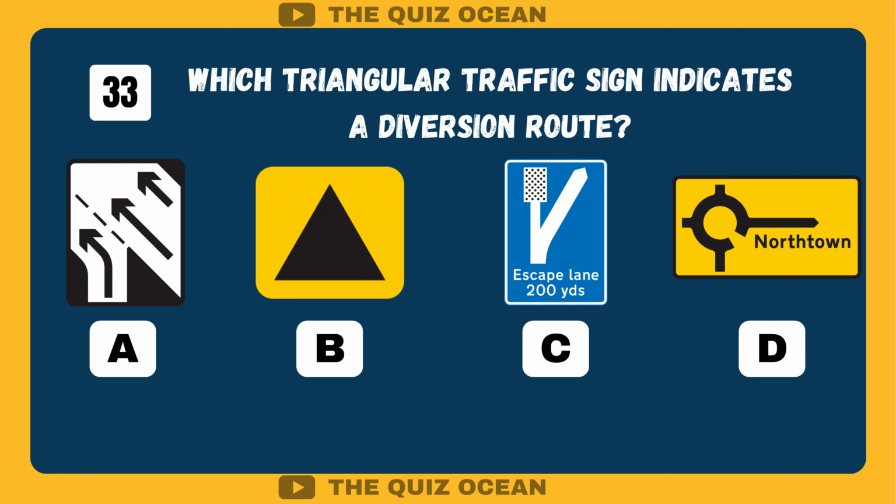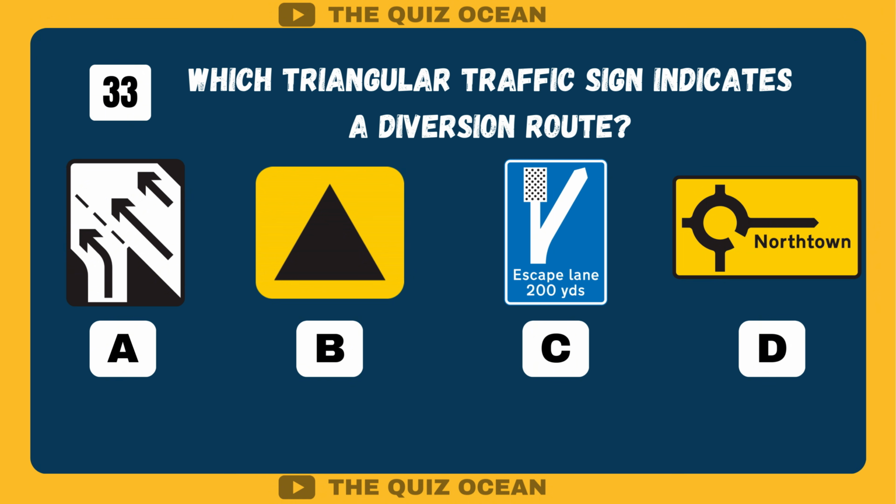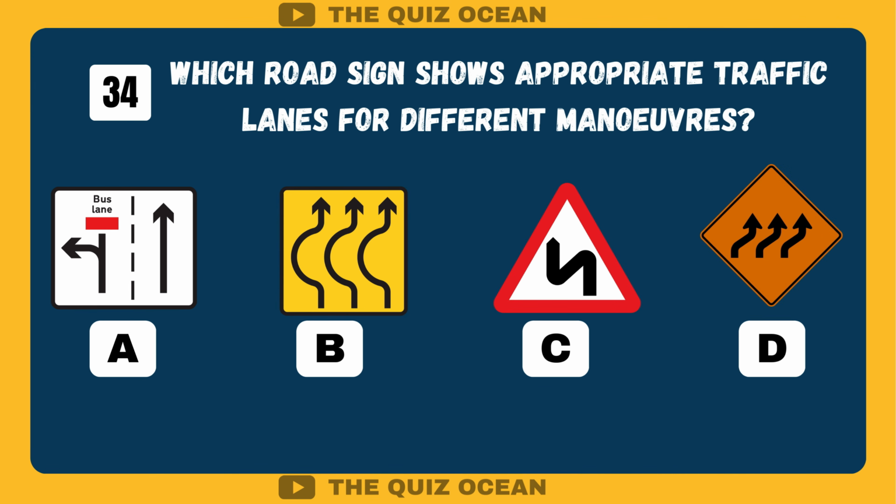Question 33. Which triangular traffic sign indicates a diversion route? The answer is B. Question 34. Which road sign shows appropriate traffic lanes for different maneuvers?